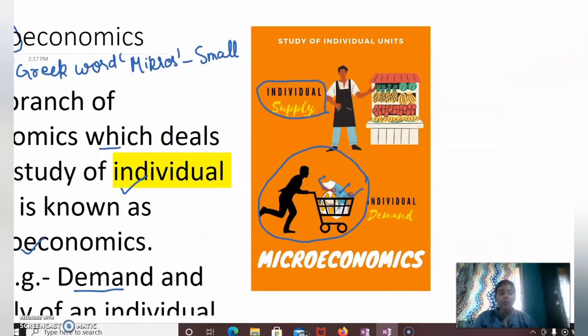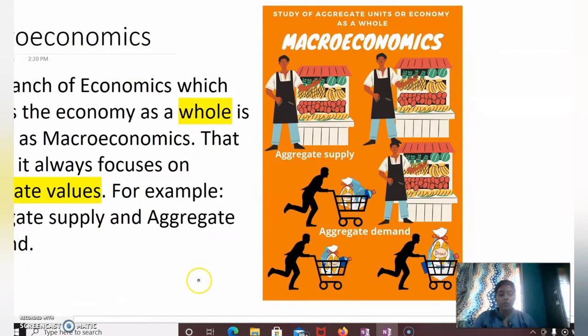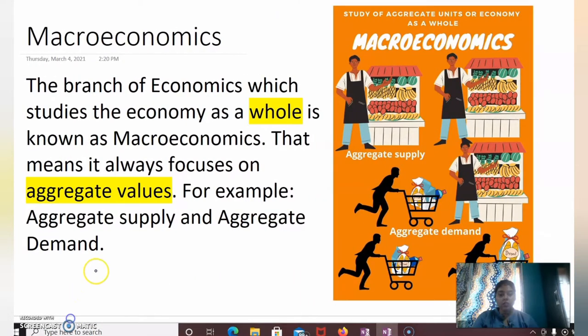Now, what is macroeconomics? Macroeconomics means the branch which studies the economy as a whole, meaning we study economics in aggregate units.